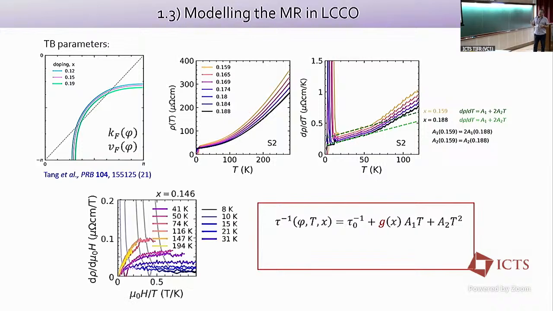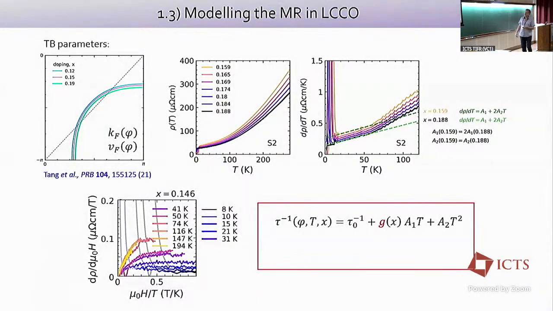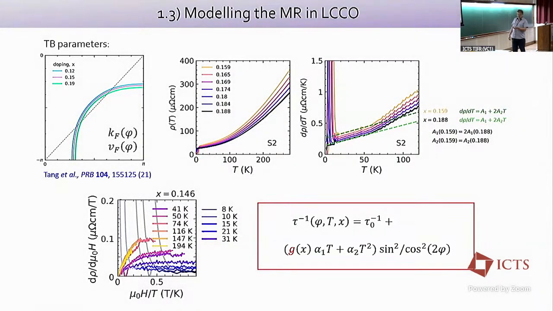Okay, when we look at the evolution of the magnetoresistance from the derivative, there is some anisotropy which is shrinking, so we have to put anisotropy into the mean free path. To be transparent, we're going to put it in both the T and T squared terms. Because of the fourfold symmetry of the Fermi surface, we're going to give it simple fourfold anisotropy, and it can be sine or cos, depending on where the maximum of that scattering is.